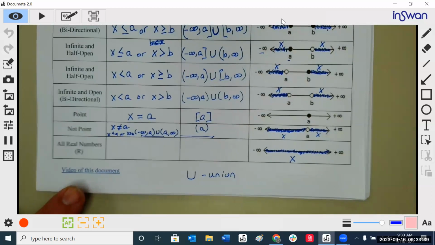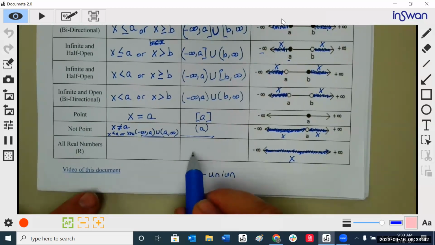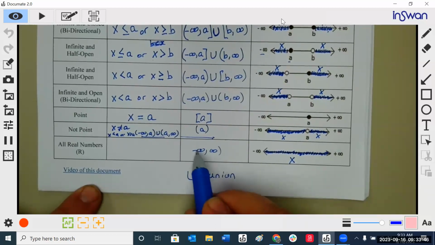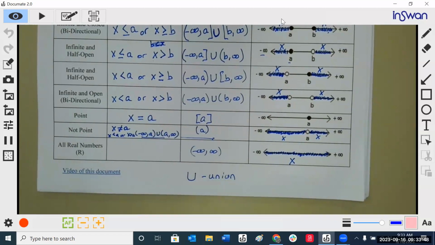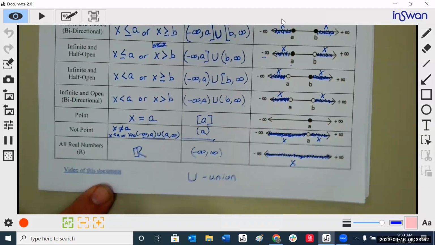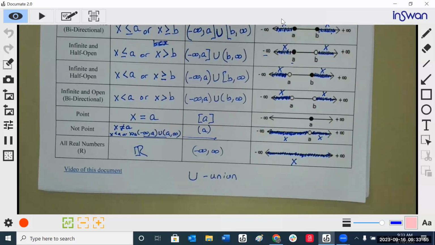What's the smallest you can get? What's the largest? Right. And in set notation, there isn't one you could say. So we just say it's R. It's all real numbers.